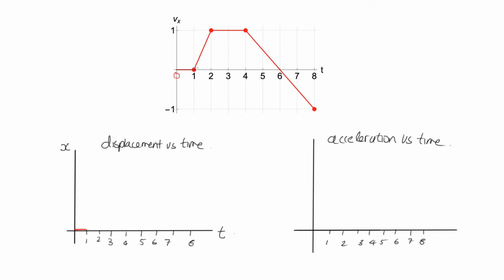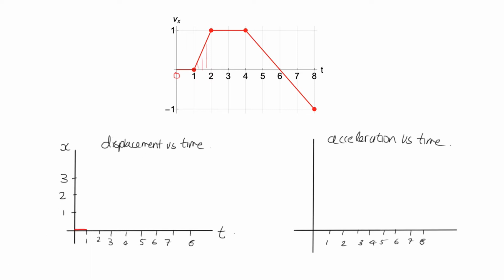Now between 1 and 2 seconds, it's getting faster and it's traveling this area here, which we calculated and we saw that it was equal to a half. So let's put some numbers here. Let's go 1, 2, 3, because we calculated in the last question that the maximum displacement was 3.5.